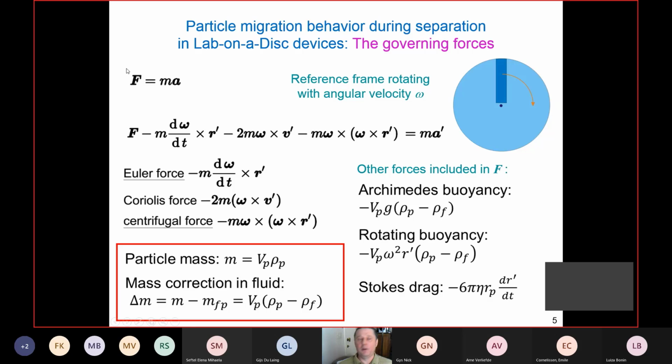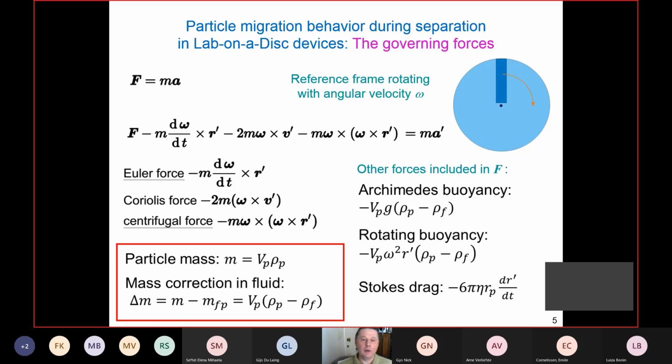We have the Newton equation of motion, and if we write the same equation of motion in the rotating frame, we have additional terms, which are called pseudo forces. These are not real forces induced by some action, but forces because of inertia.